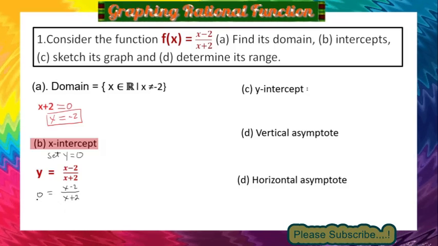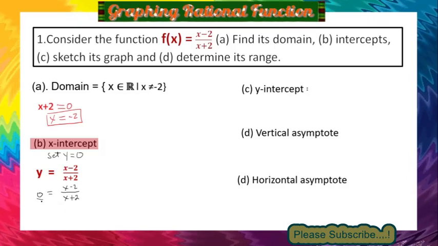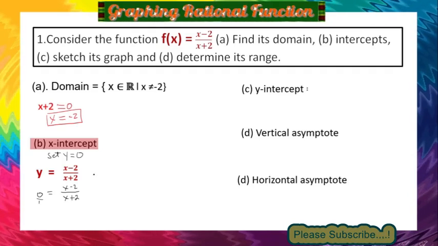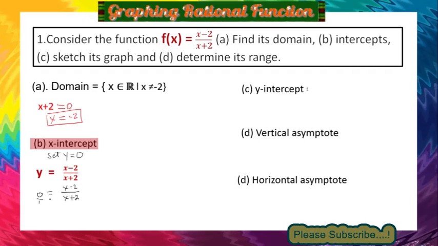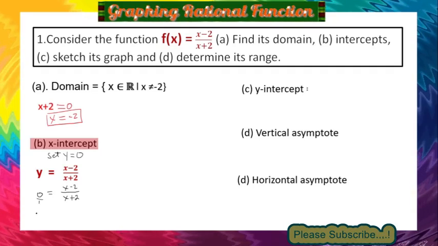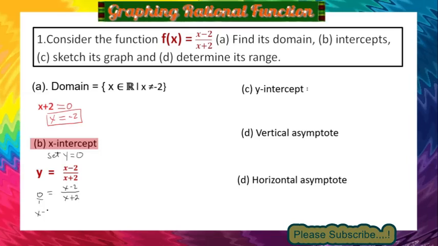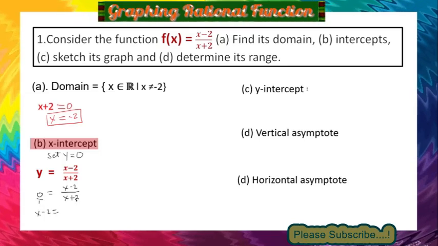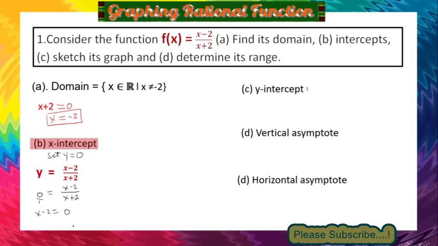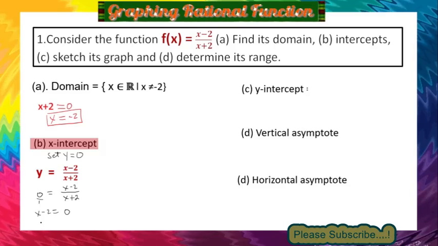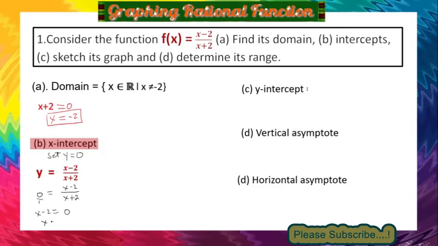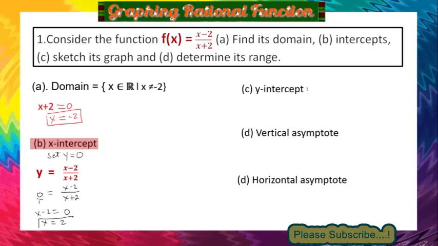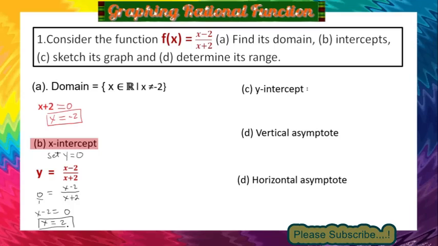We know that any whole number, or even 0, has a denominator of 1. So by cross multiplication, x minus 2 times 1 is x minus 2, and 0 times the denominator x plus 2 is 0. Simplifying, we have x equals 2, meaning this is our x-intercept.